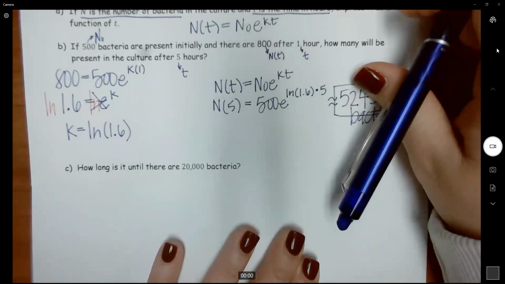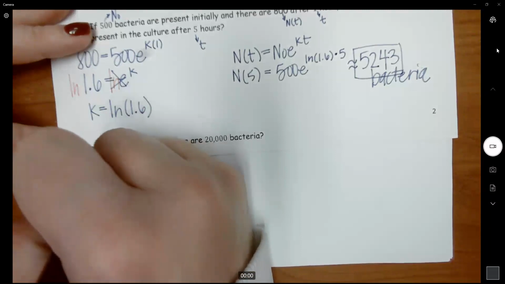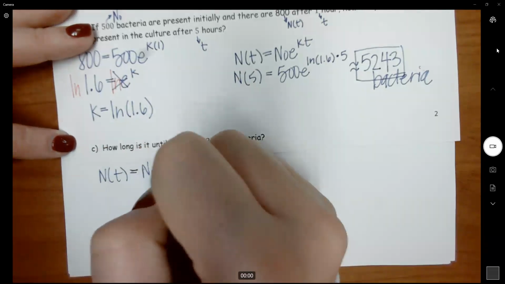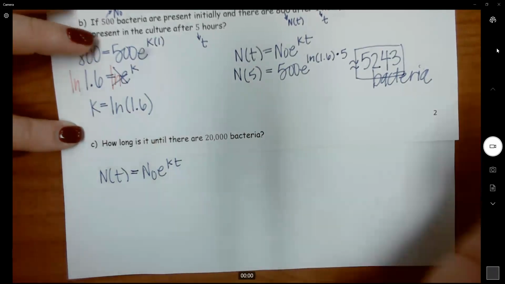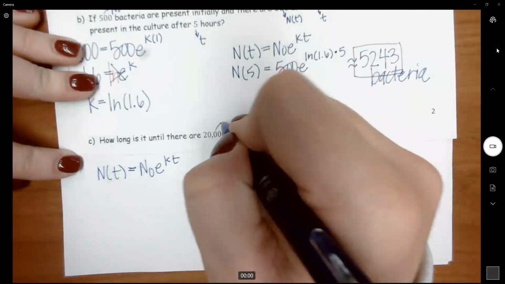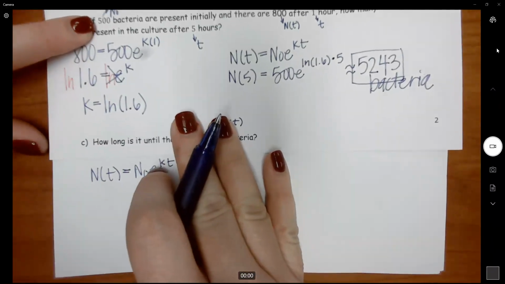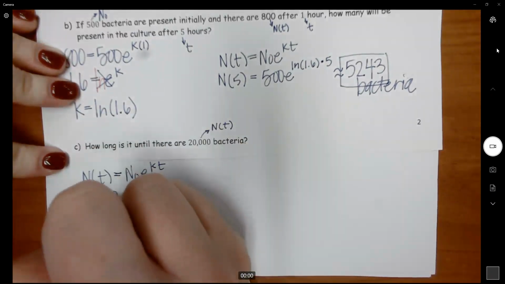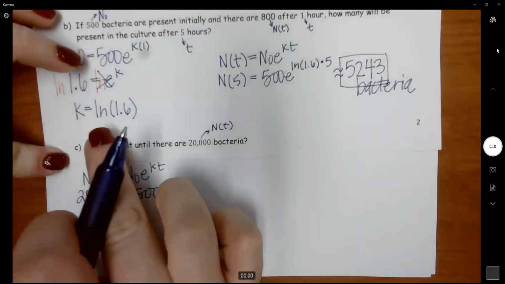Okay. So now I'm going to write my formula again and plug in what we know. We have N of T equals N naught E to the KT power. I want to know how long, so I know I'm solving for T. This is your N of T, and N naught is not changing from my original part on part B. So I have 20,000 equals 500 E, my K is not changing either.